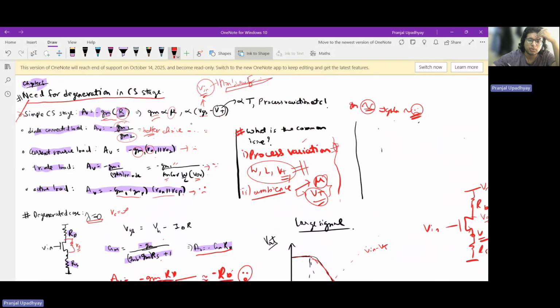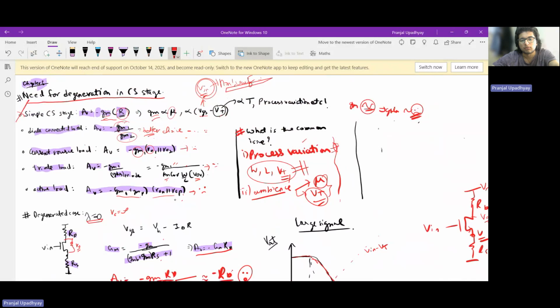The same argument extends to all of these. Although the gain is decent, there is a problem of variation, especially with input voltages, or variation of the VGS across the input stage or the load stage, where GM is essentially varying with signal. So the idea is to have a gain which is not varying with the signal.